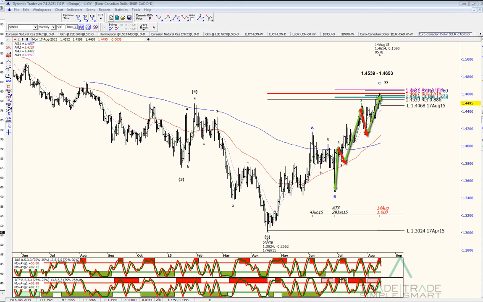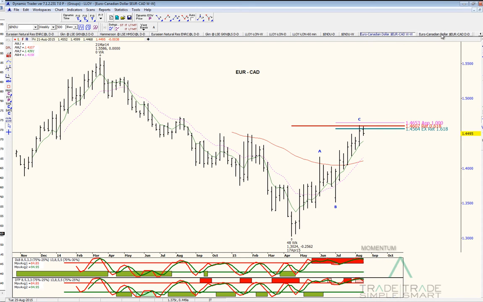So as usual, we're going to apply our 5 factors to the charts of the market, and that will be momentum, pattern, price, time, and of course our Elliott wave analysis. In terms of momentum, we have the market in the overbought zone, and that is the same on the weekly time frame.